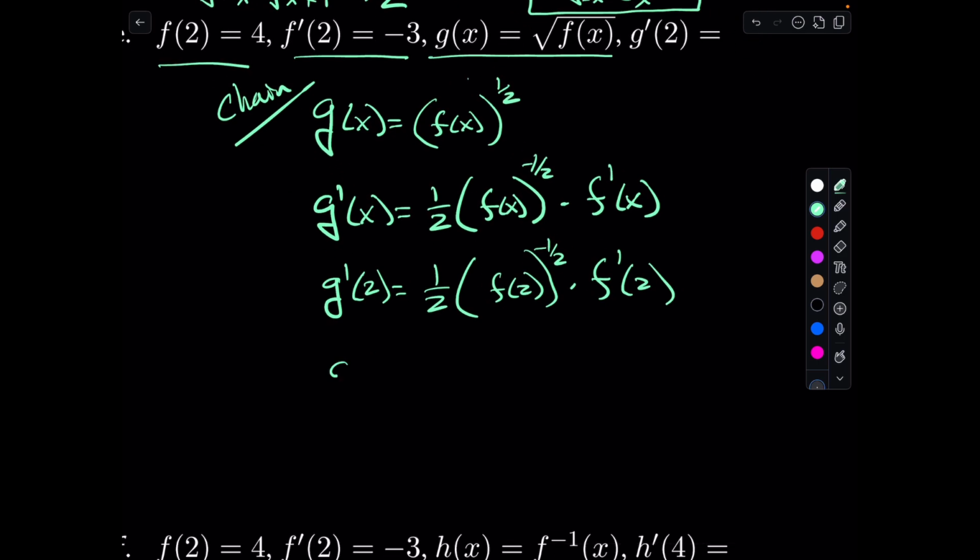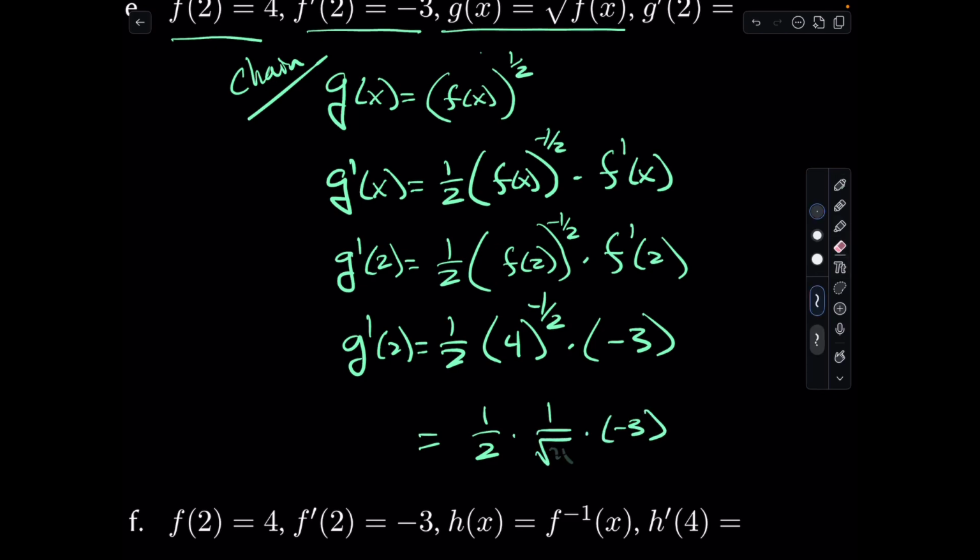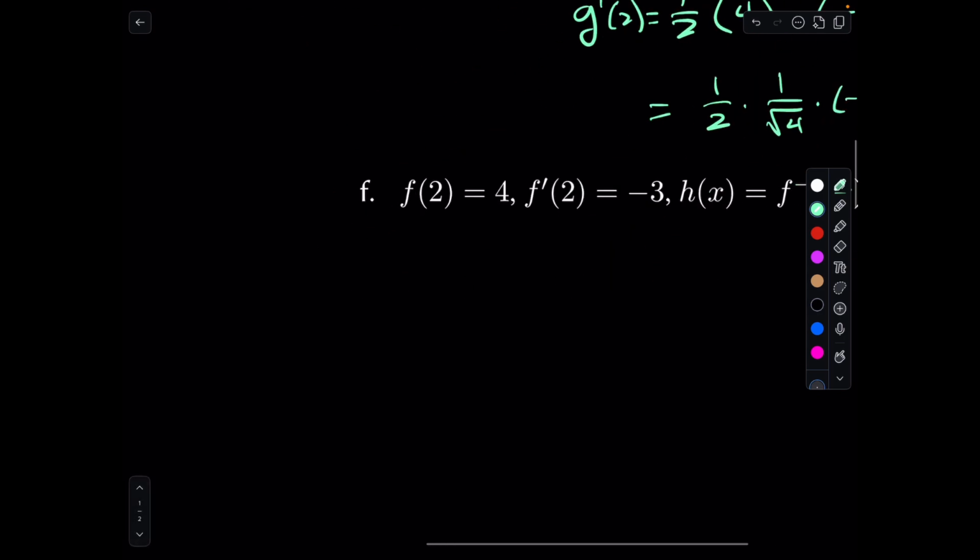So g prime of 2 is 1/2 times 4 to the negative 1/2 power times negative 3. I could clean that up. That's going to be 1/2 times 1 over square root of 4 times negative 3. And that's all going to be negative 3 over 4, because the square root of 4 is 2.